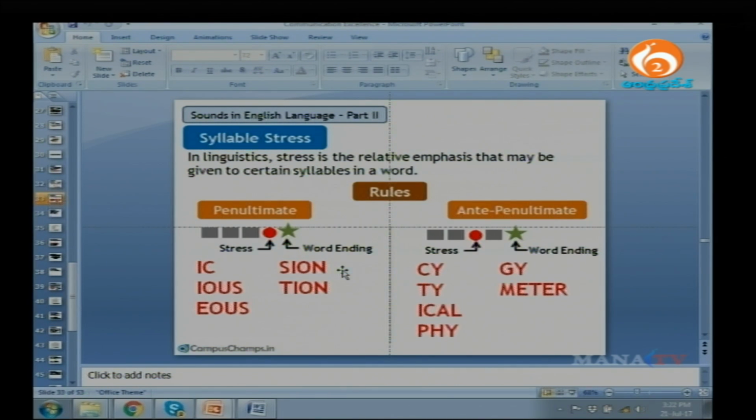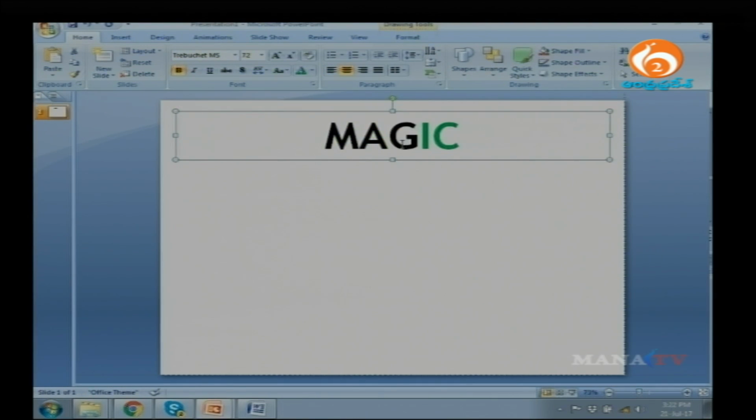The rule says penultimate means second last. The rule says if you have a word with IC in the end, the word could have any number of syllables, but the syllable stress should be on the second last. For example, if I have a word magic, I will stress here, magic.